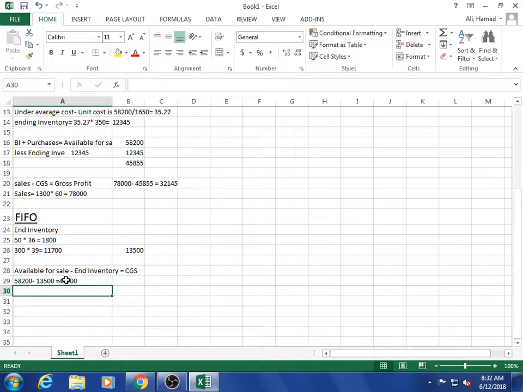Now, the gross profit or margin is going to be our sales minus cost of goods sold. So gross profit, we don't need to repeat the formula. The sales are 78,000, correct? Sales minus cost of goods sold equal gross profit.